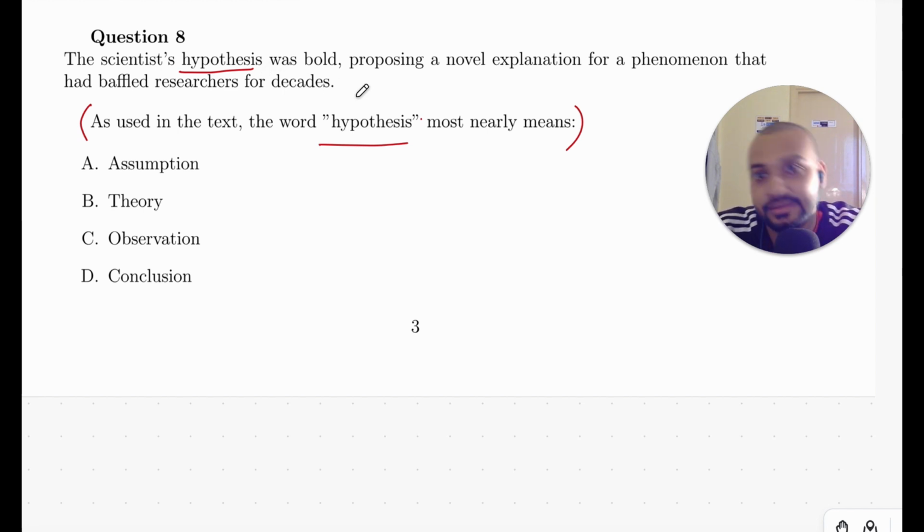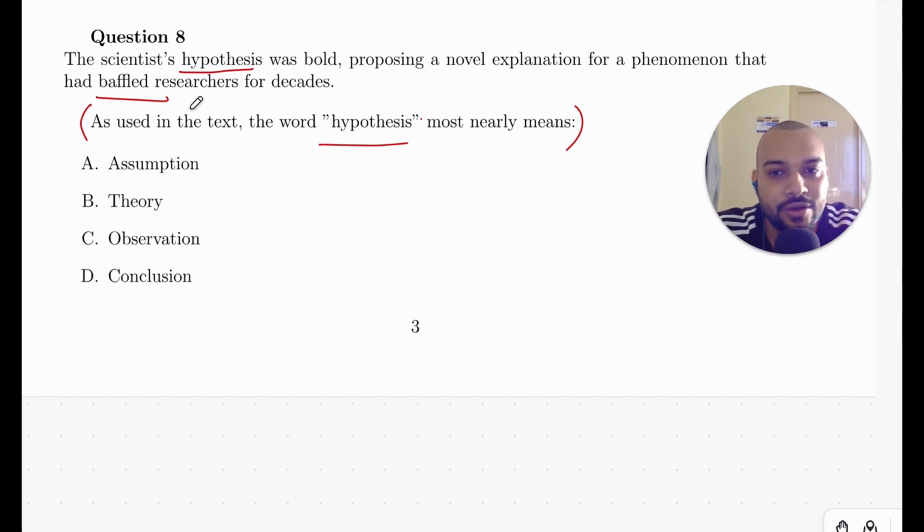So definitely he presented some idea that was bold, proposing an explanation for something that had not been explained by researchers, who had been baffled. The researchers were really troubled by not being able to explain this phenomenon. And this specific scientist's idea looks close enough to the actual explanation for this phenomenon.